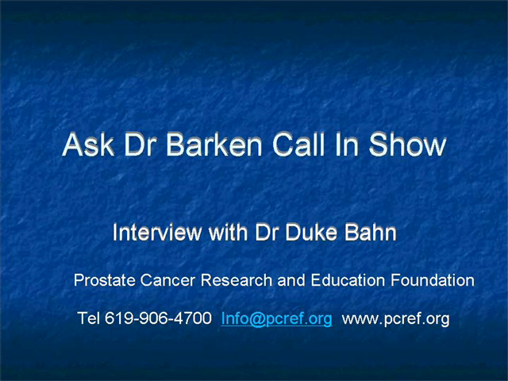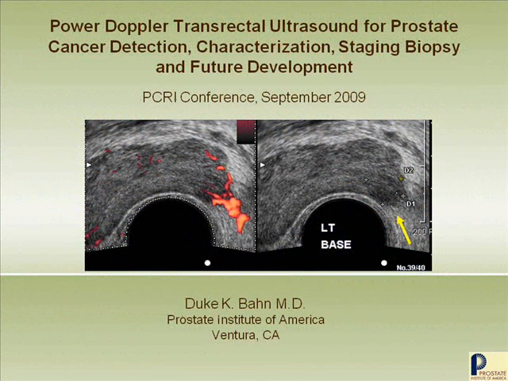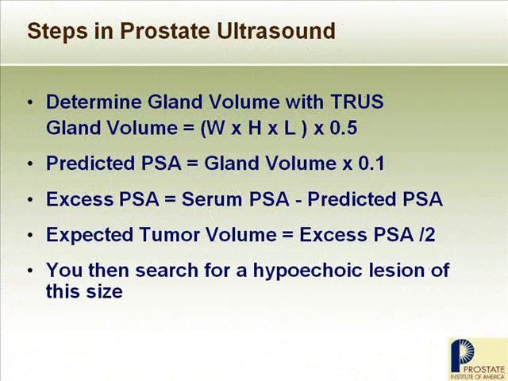This afternoon, the topic of this lecture will be power Doppler transrectal ultrasound for prostate cancer detection, characterization, staging, biopsy, and future development. When we start doing prostate ultrasound, we have to have a clear-cut idea what we are looking for.